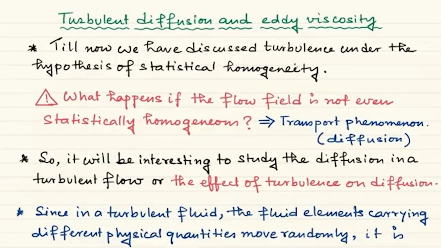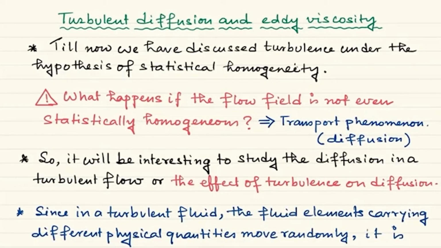So today we will mostly discuss a very practically important topic, that is turbulent diffusion. Why this topic is important both for everyday life and for astrophysics we will discuss when I elaborate several aspects of this topic.